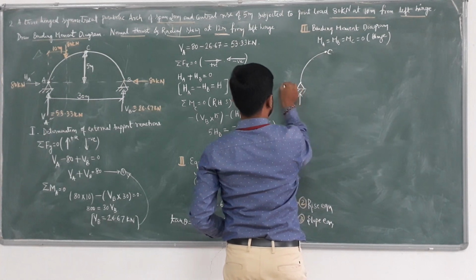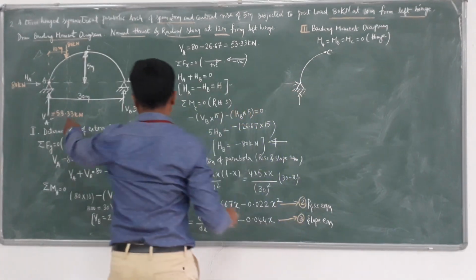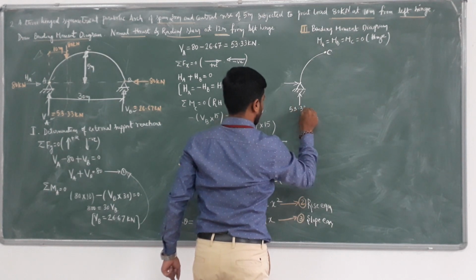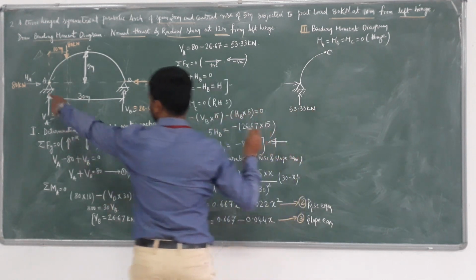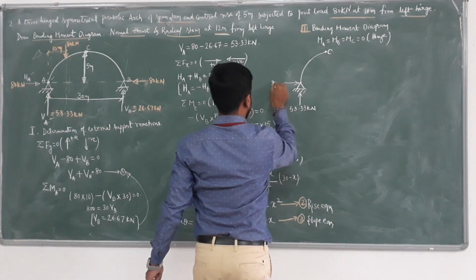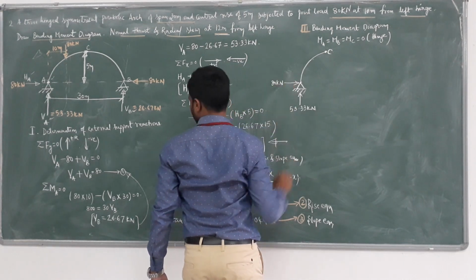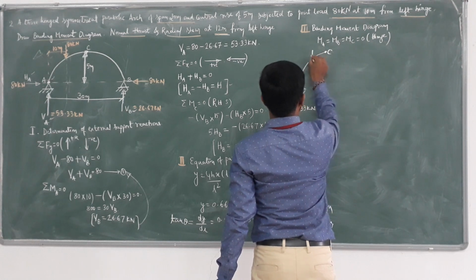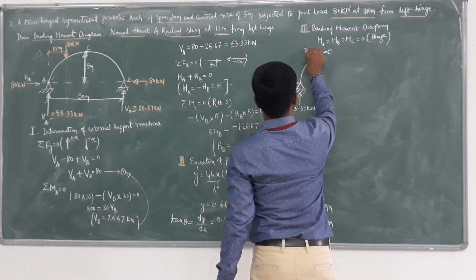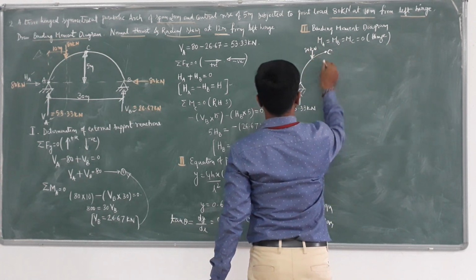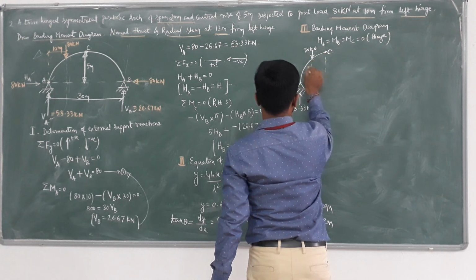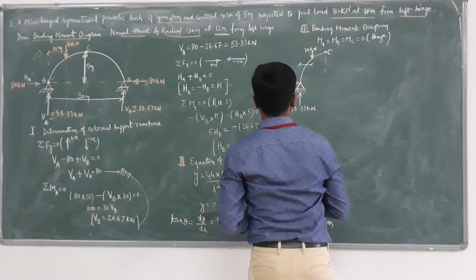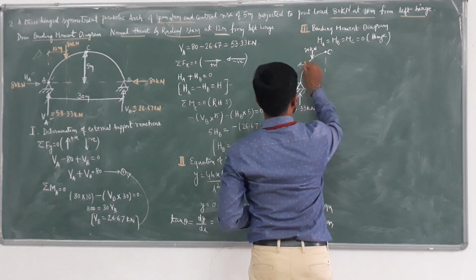Here, I know the value of VA, 53.33 kilonewton, and the value of H, 80 kilonewton. I also have one more point load of 80 kilonewton, 10 meter from the hinge.